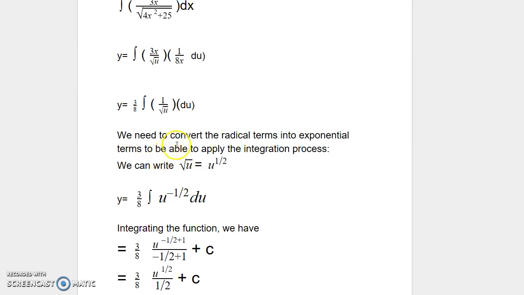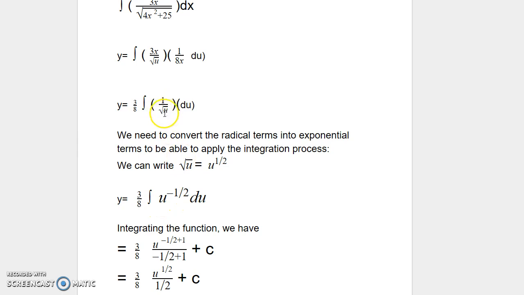Then we need to convert the radical term into an exponential term to be able to apply the integration process. So we can write square root of u as u to the power of half. Therefore, we can write this expression as 3 over 8 integral u to the power of minus 1 half du.